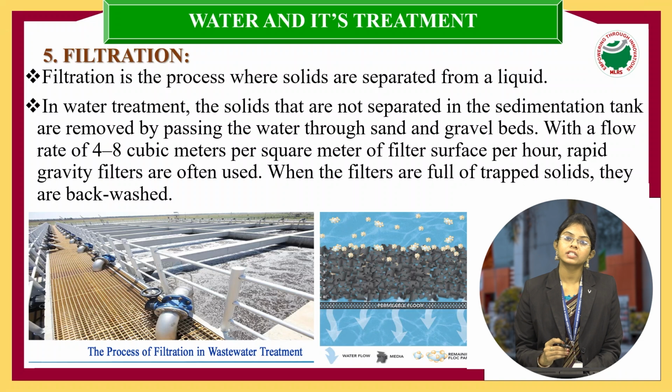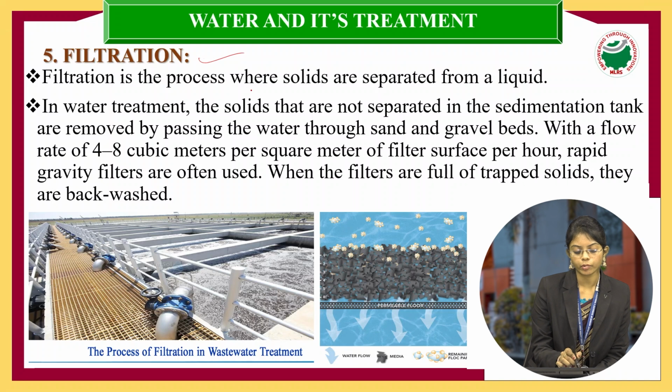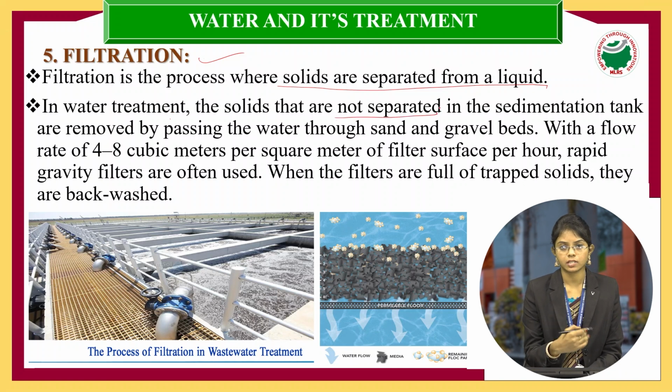Next, the water from the sedimentation will be sent to the filtration. Filtration is a process where the solids are separated from the liquid. In water treatment, whatever solids or impurities are not removed in the previous steps are now removed by the filtration.